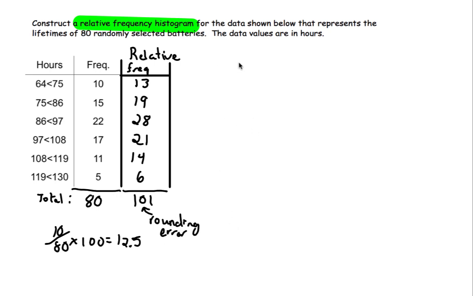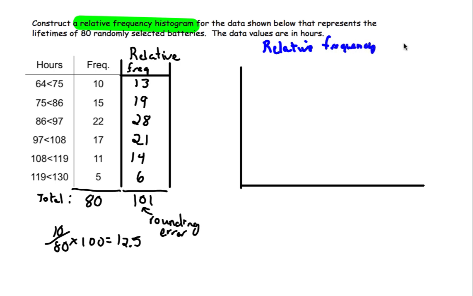Okay, to draw a relative frequency histogram, you start the same way. We need to draw our x-axis and our y-axis. Start by titling the graph. So this is the relative frequency lifespan of batteries. And then we're going to use our ruler to help us come up with our tick marks on our x and y axis.